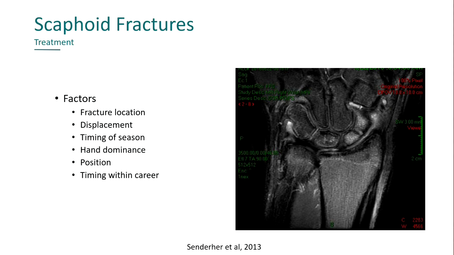Treatment is going to depend specifically on fracture location, how displaced it is, where the patient is in the timing of their season, or the weekend warrior if it's winter or summer, what position they play, and the timing within their career. There's a big difference between treating an 11-year-old who has ample time or a pre-collegiate late season senior in high school.